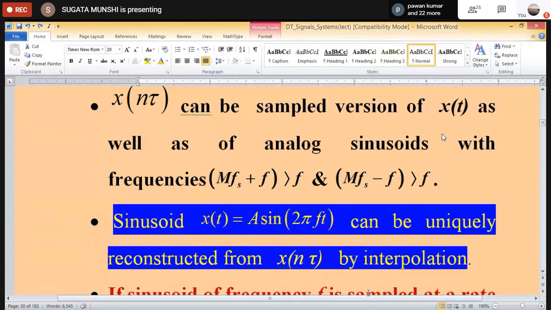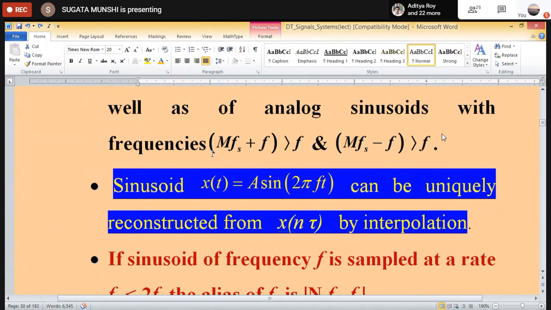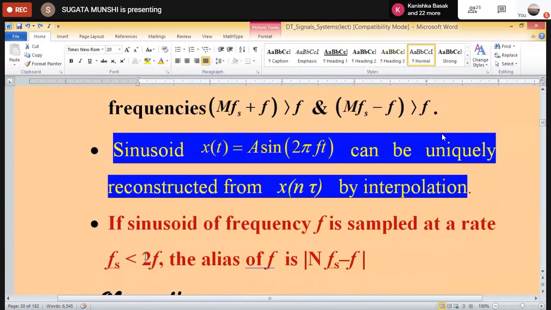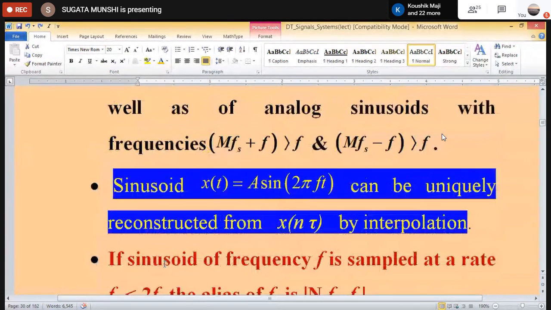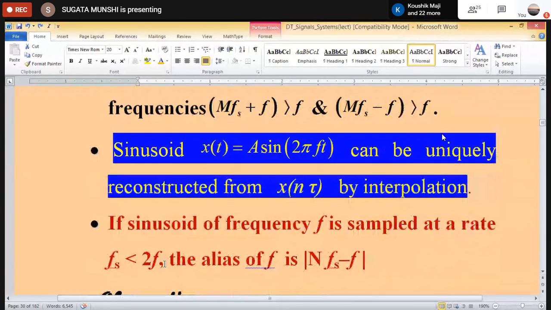That is noted at the last point, perhaps. And this is the expression.